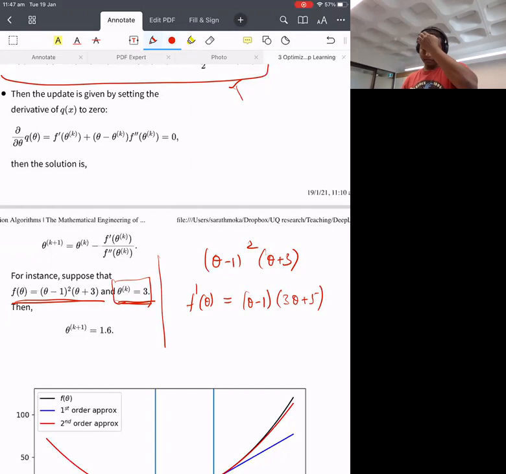Is that the derivative? Then what about the second derivative? 6 theta minus 2, I guess. Is that correct? Can anyone confirm it? Guys?